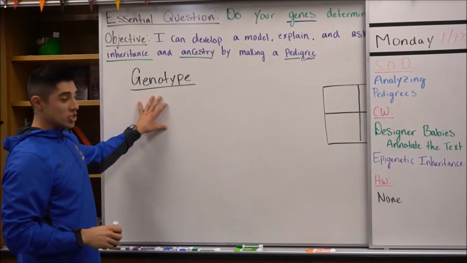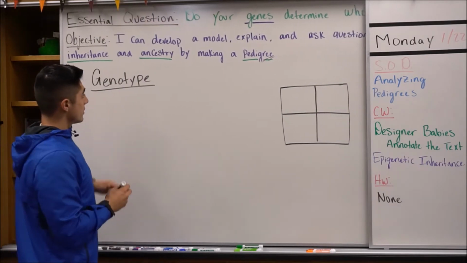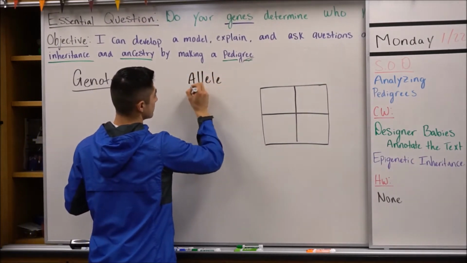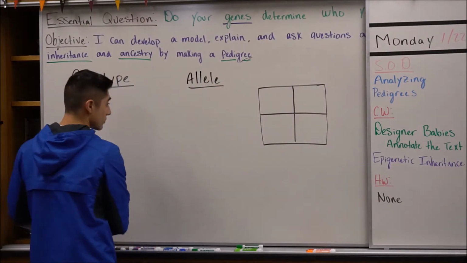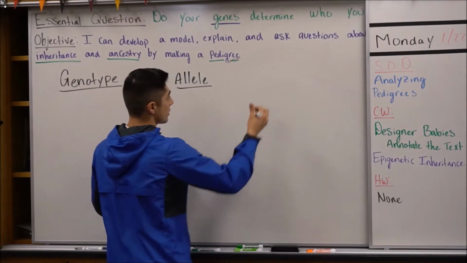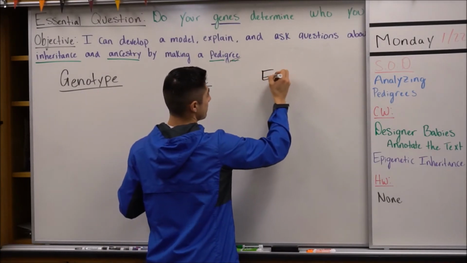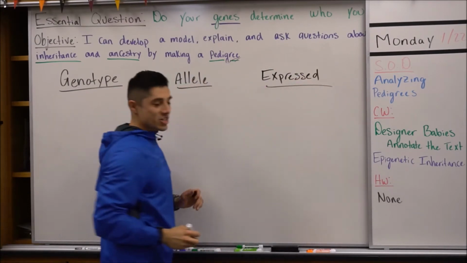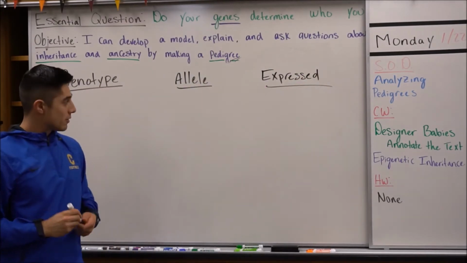So here's the genotype, here's the alleles. Let me erase this for a moment. We'll come back to that. And here's what's expressed, what we actually see.